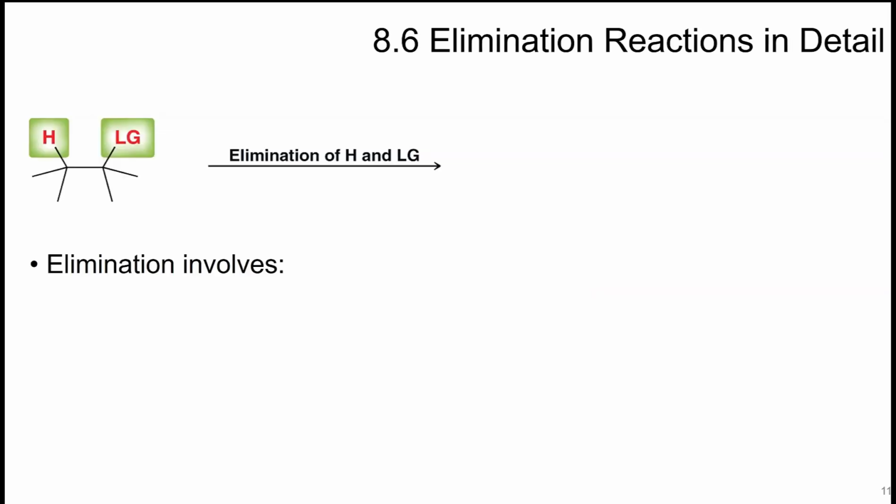Now we can start moving into elimination reactions. In an elimination reaction, a hydrogen and a leaving group are eliminated. So the carbons stay where they are, and we leave a double bond in its place, in addition to the hydrogen and the leaving group.